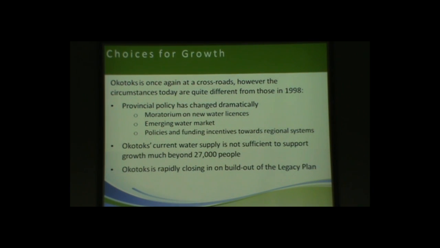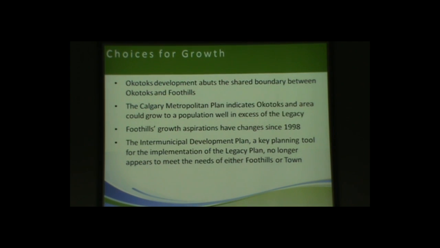Okotoks' current water supply is not sufficient to support growth much beyond 27,000 people. And Okotoks is rapidly closing in on build-out of the legacy plan. Okotoks development abuts the shared boundary between Foothills and Okotoks. In fact, approximately 72% of the circumference of Okotoks has development reaching those boundaries.